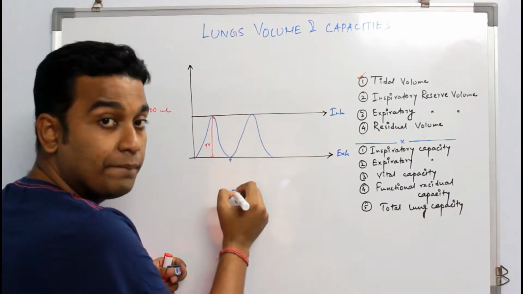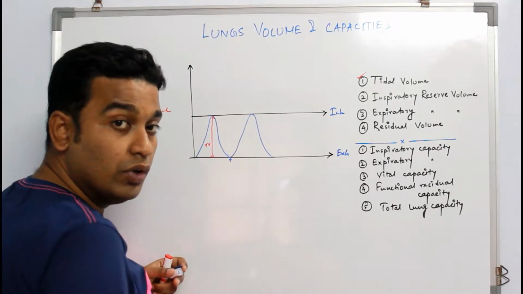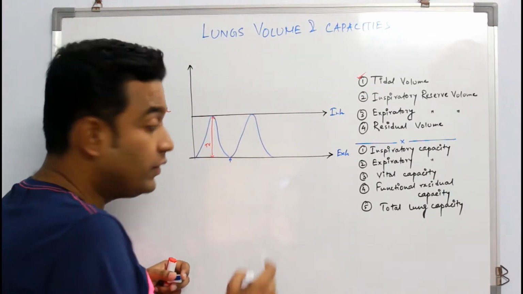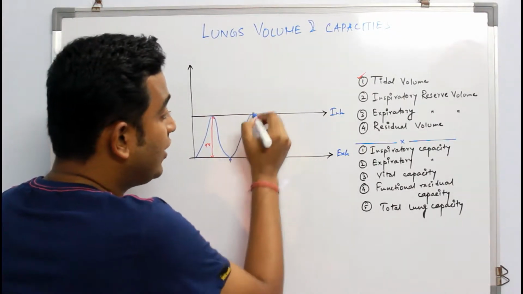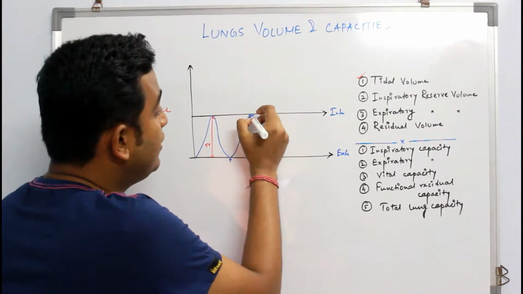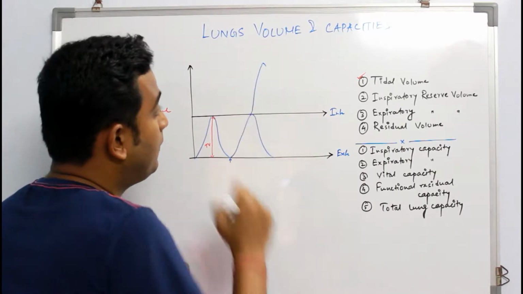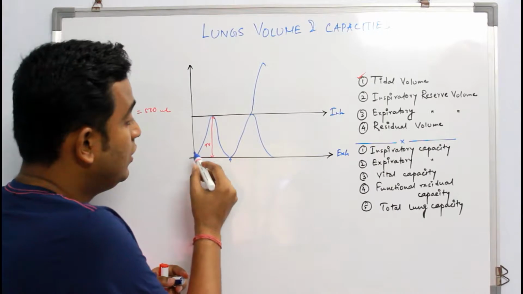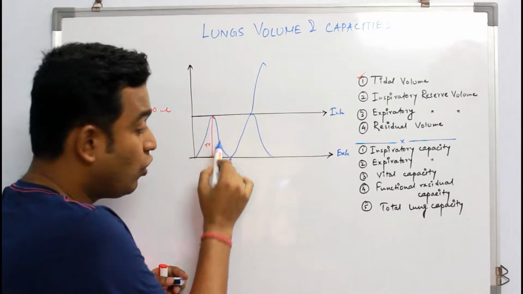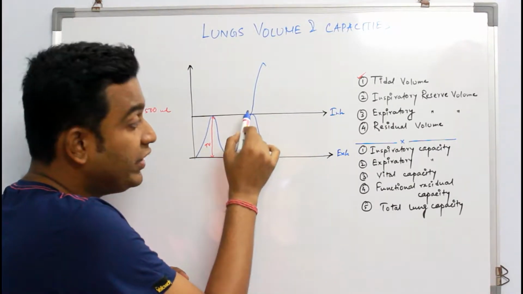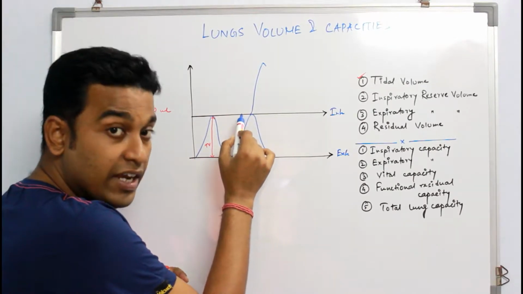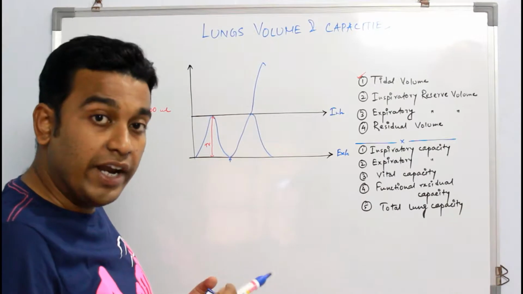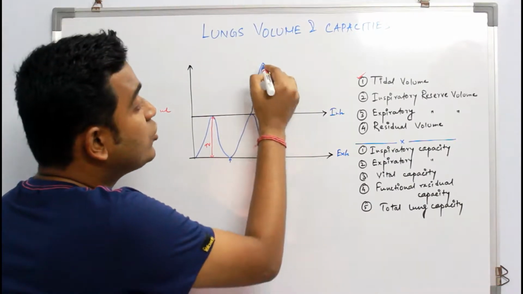Now once you're done here, 1 round of inhalation and exhalation, again you are inhaling. Now I have told you, you inhale to a maximum extent. That means you will cover up the tidal volume and then you will go up. Try to understand this. Normal inhalation, normal exhalation, normal inhalation, and then you have inhaled more to the maximal extent and you have reached here.